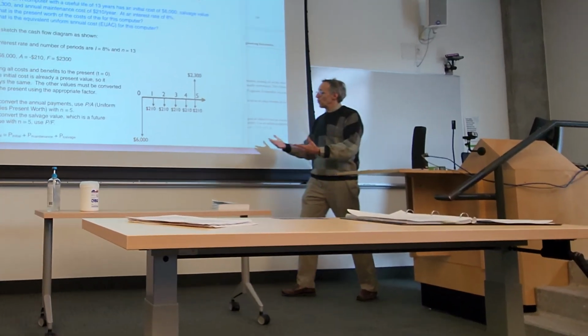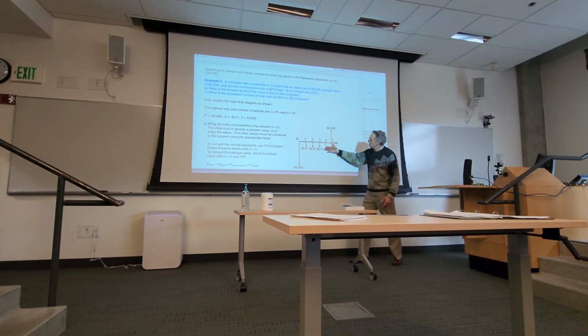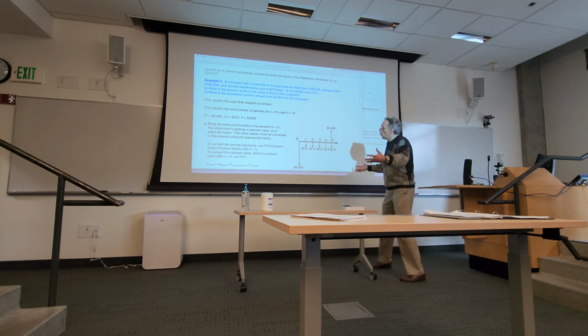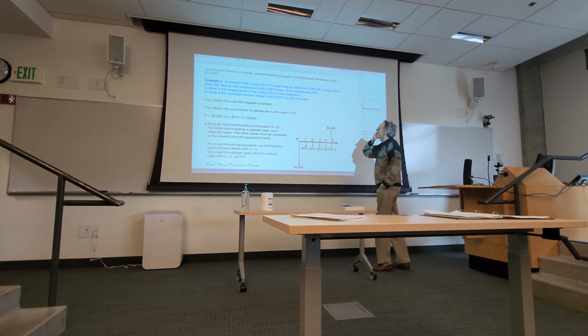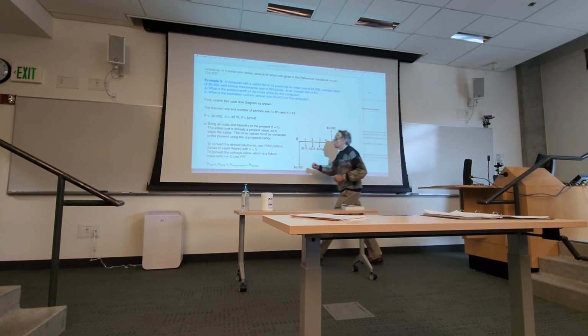Now, this is mostly cost, and then we scrap it at the end. But we want to know, okay, what is this worth today? My MARR is 8%. Present worth, okay, the present worth. So here's what we have.